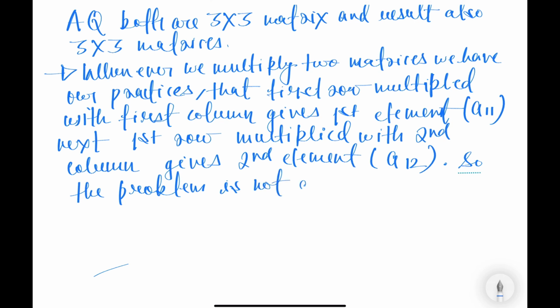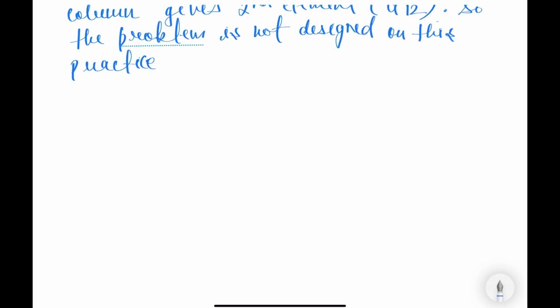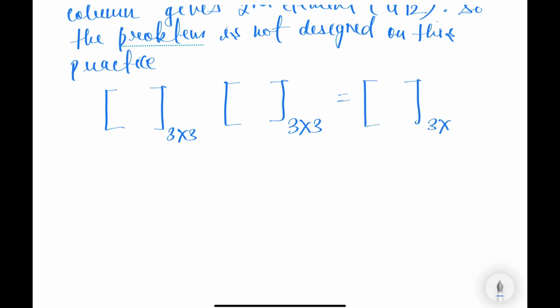So the problem is not designed on this practice, where a matrix 3 cross 3 multiplied with another 3 cross 3 matrix gives another 3 cross 3 matrix, when first row is multiplied with first column, the result is the first element A11.